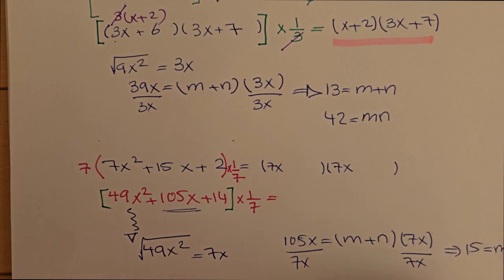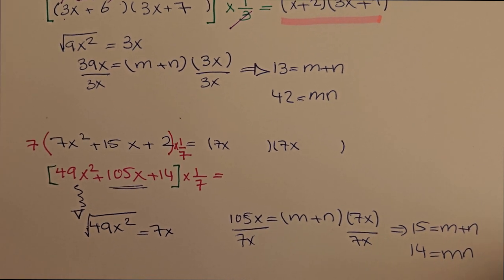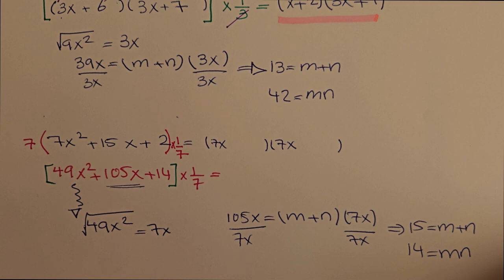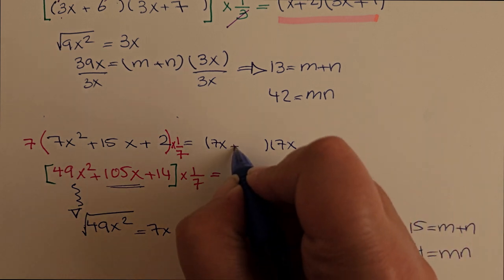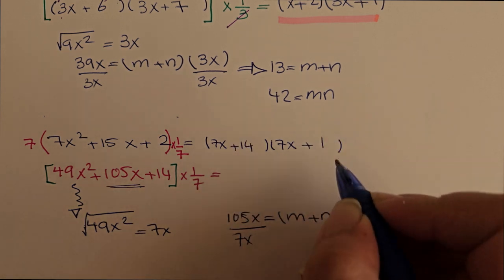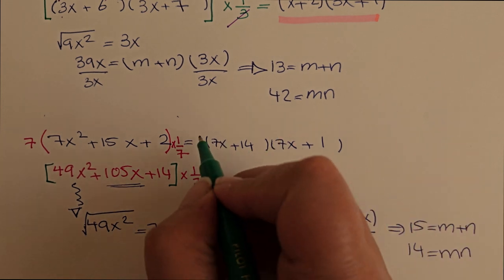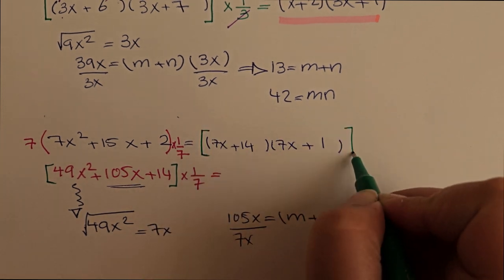On the other hand, we would know that 14 is equal to m multiplied by n. So if we're looking for two numbers, add them together, we get 15, multiply them together, we get 14. What are the two numbers? 14 and 1. So this is exactly equal to the green bracket.